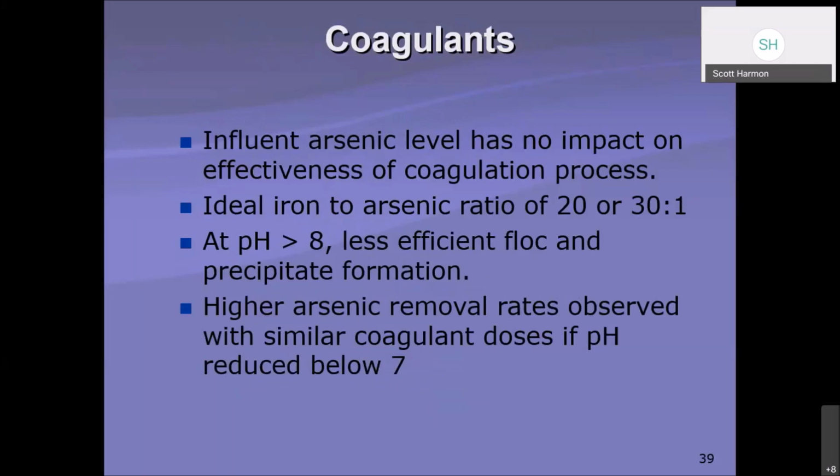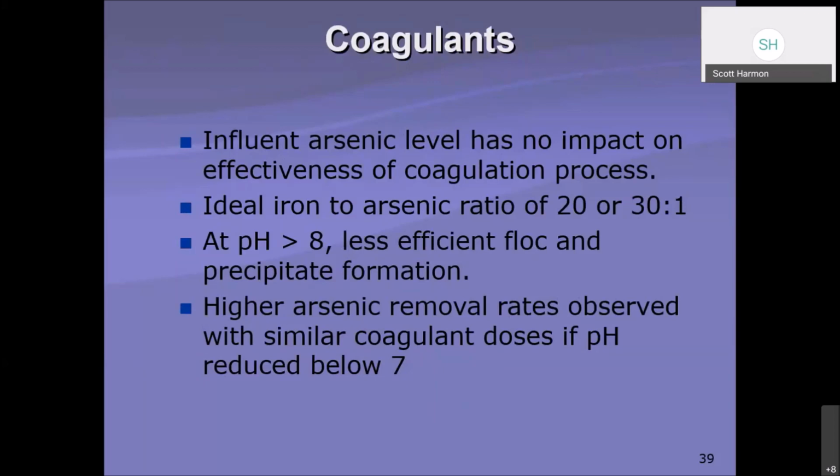So whatever type of coagulant you're going to use, if it falls in the range that the specifications are looking for, then the arsenic itself won't have an impact on that process. You'll still be able to flock any other type of sediments that you're looking to.